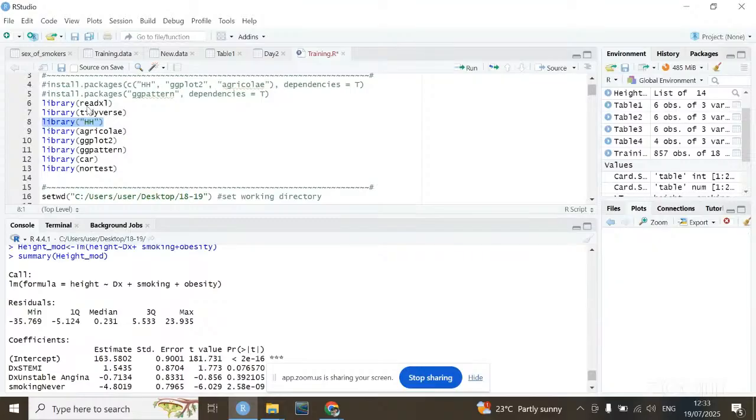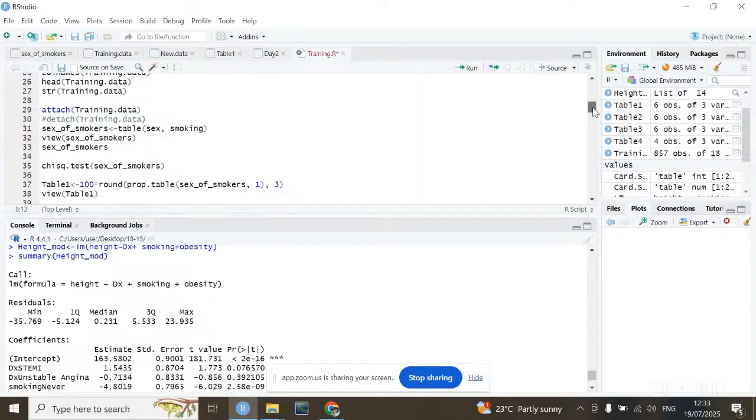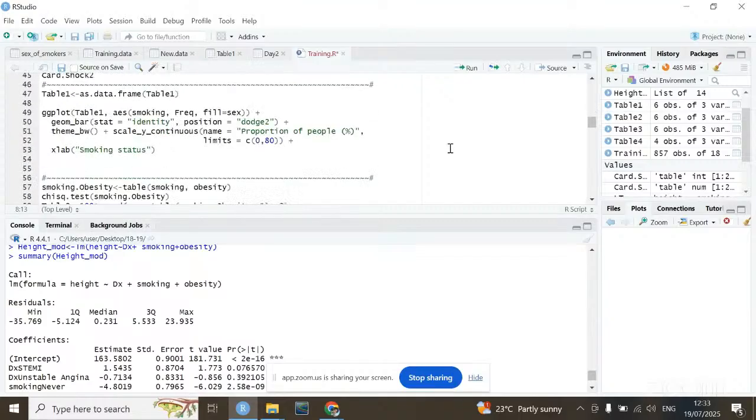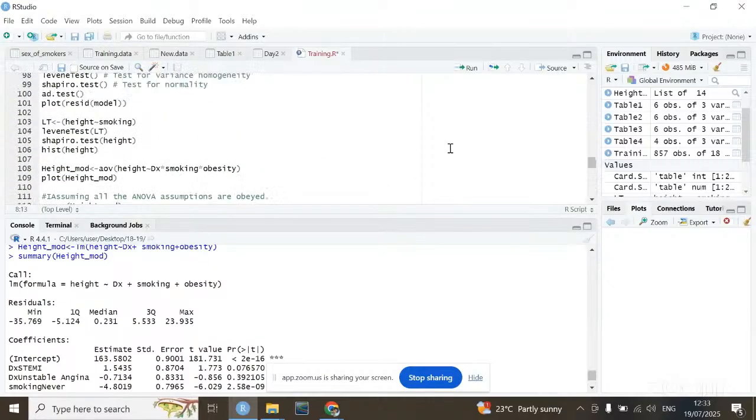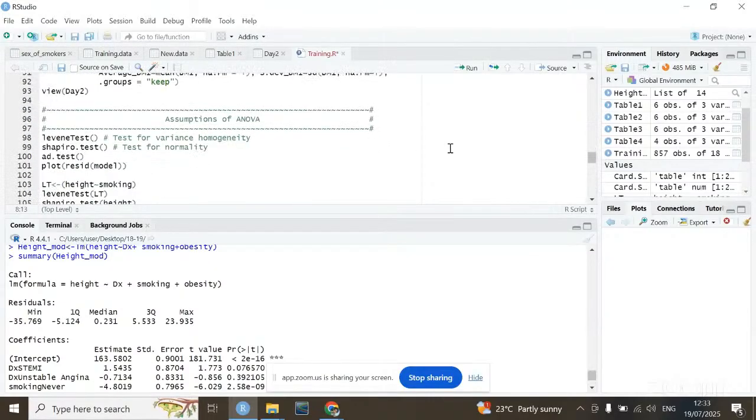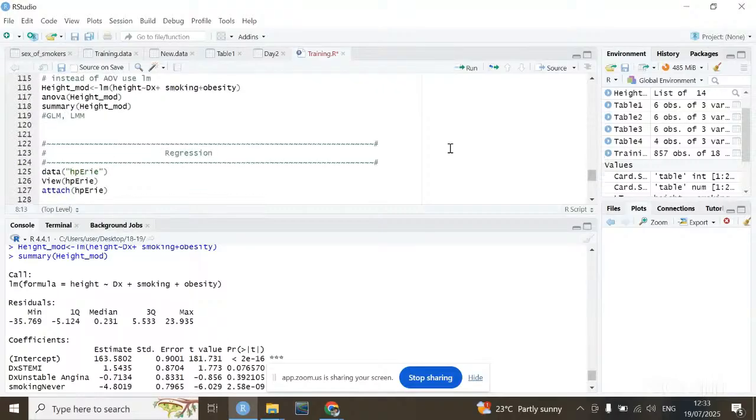You remember the package? So there are several data in this package. So let us use the data in HH. If you want to get the data in HH, you just need to type data and the name of the data, which is in HH.